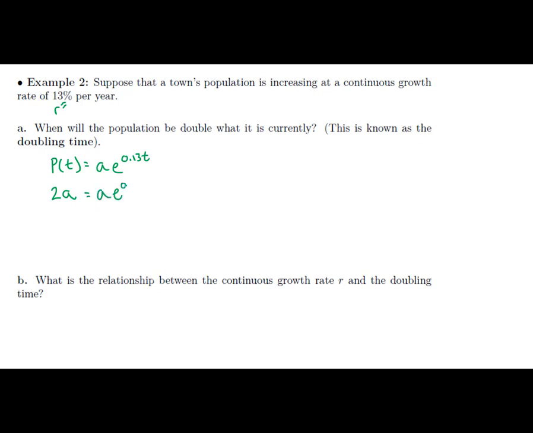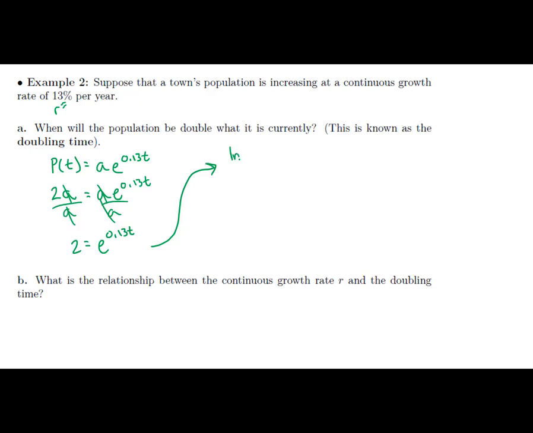And so we can see that A, whatever A was, is not really important as to how long it takes the population to double. So we have 2 is equal to e to the 0.13 t. And as we did in the last problem, we need to solve for t.